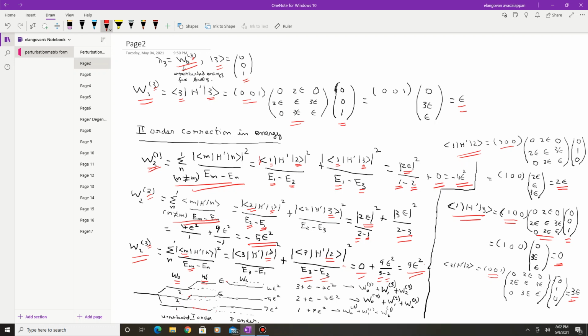With respect to this it is plus 9 epsilon square. This is minus 4 epsilon square, also a shift with respect to this level. So the first order correction energy and the second order correction energy can be calculated for these non-degenerate levels. So the problem is a non-degenerate level.